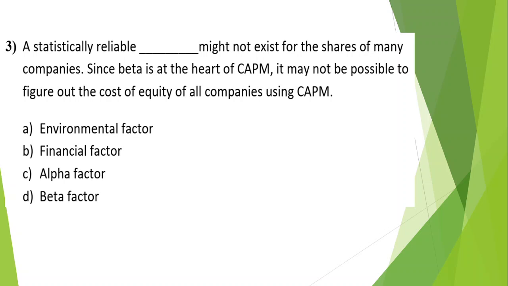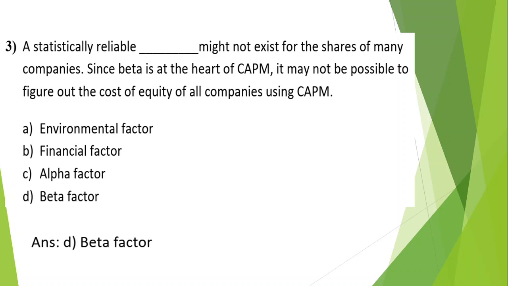We have four options. Option A, environmental factor. Option B, financial factor. Option C, alpha factor. Option D, beta factor. Any guessing answer for this particular fill in the blanks question? The answer is option D, beta factor.